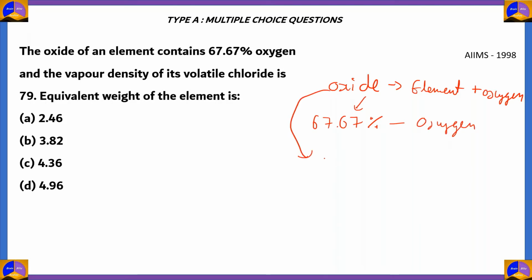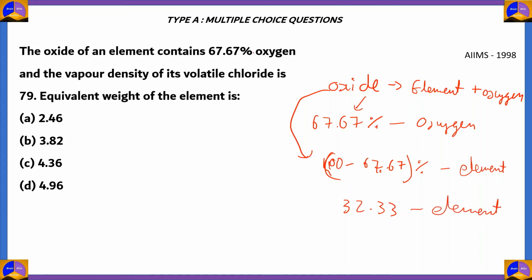That means that 100 minus 67.67%, which is the remaining percentage of the oxide, will be composed of the element. So 100 minus 67.67 would give you 32.33% of the element. So the percentage of oxygen is 67.67 and the percentage of the element is 32.33.